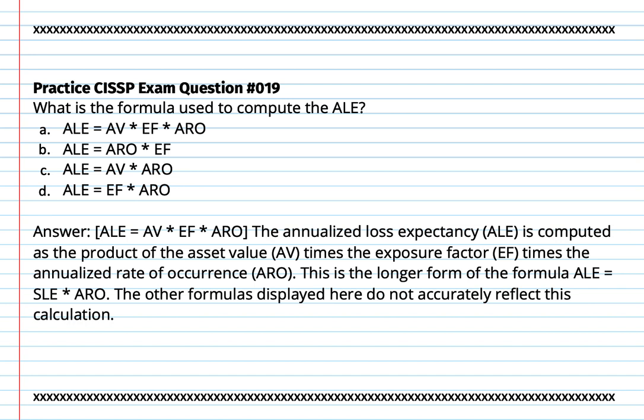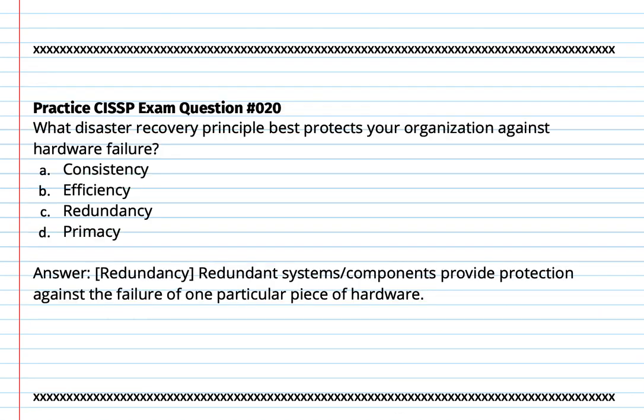C, your annual loss expectancy is your asset value times your annual rate of occurrence. Or D, ALE is based on your exposure factor times your annual rate of occurrence. The main thing you need to know is this formula: ALE is equal to your asset value times your exposure factor times your annual rate of occurrence. Just know that it's the multiplication of all three. If they give you all three of those, that will give you your annual loss expectancy.